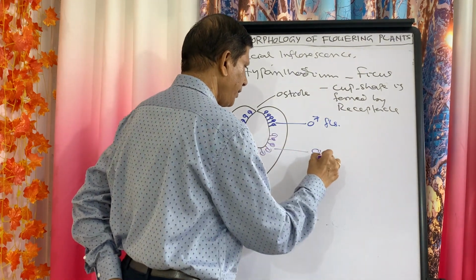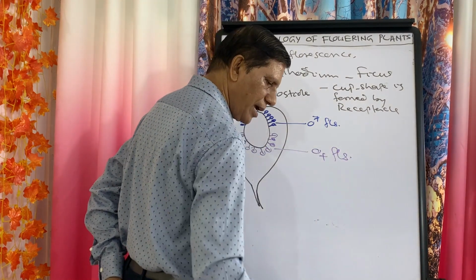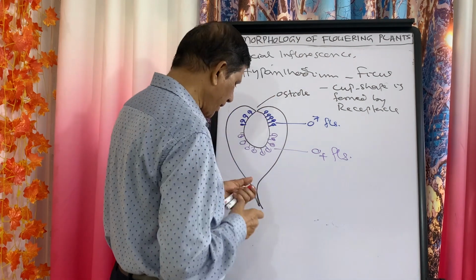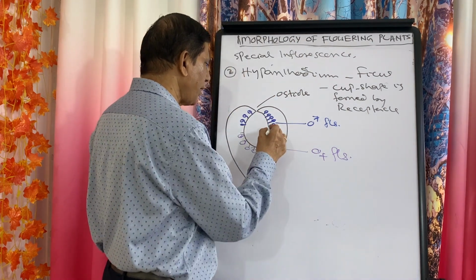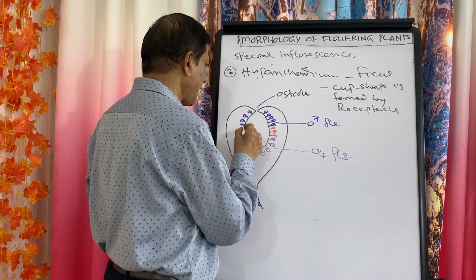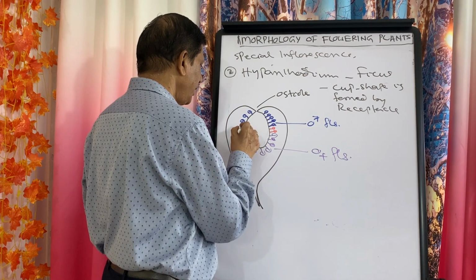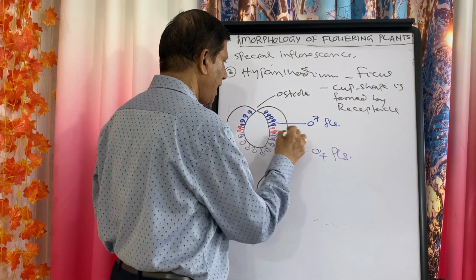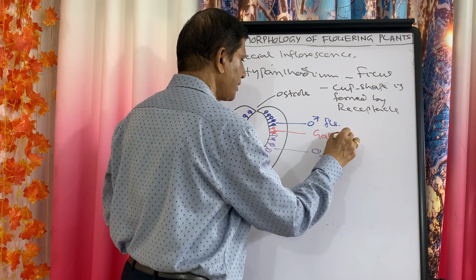So these are the female flowers. In between the male and female flowers, there are some flowers which are neither male nor female, they are the sterile flowers, and they are known as gall flowers.